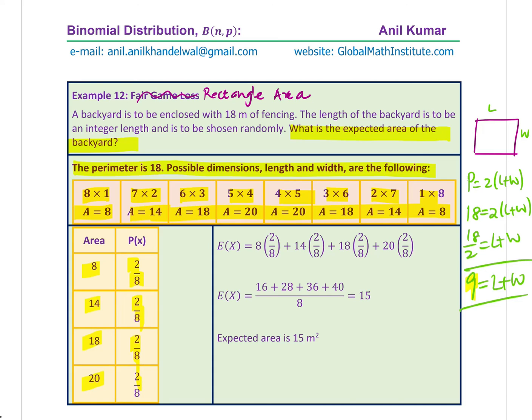Is it okay? So you could also write 1 over 4. That's perfectly fine, right? Now, multiply these values, and then what you get is the expected value. So in this particular case, the expected value, when you multiply, comes out to be 15. So the expected area is 15 meters squared. Perfect. So that is how this question is going to be answered. Clear?